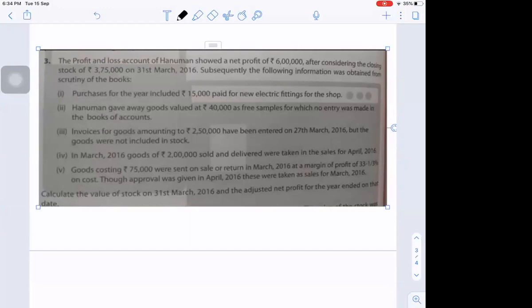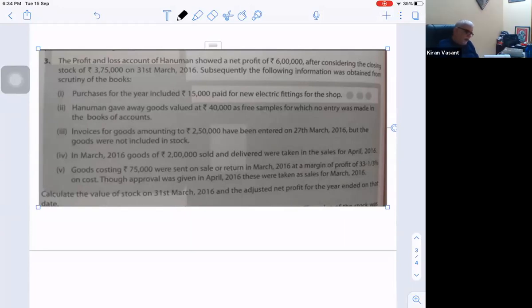Though approval was given in April 2016, these were taken as sales for 2016. Calculate the value of stock on 31st March 2016 and the adjusted net profit for the year ended on that date. Thank you.